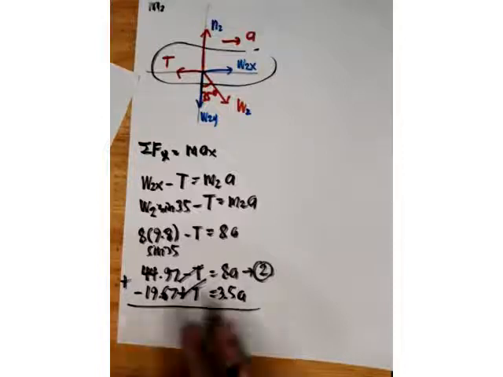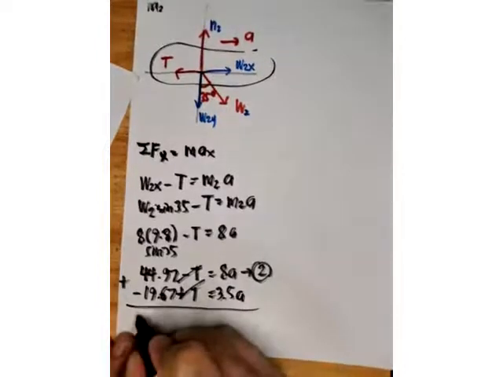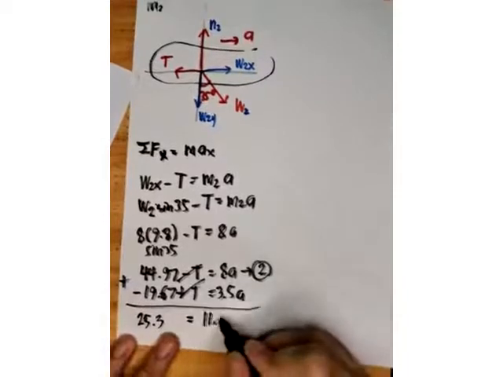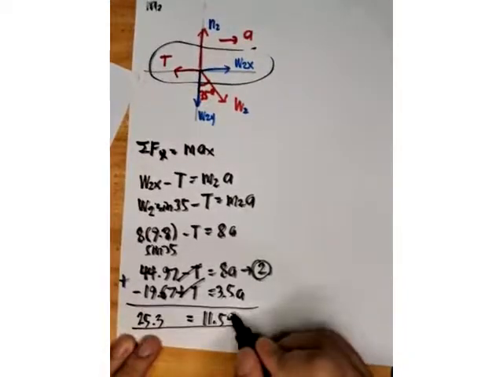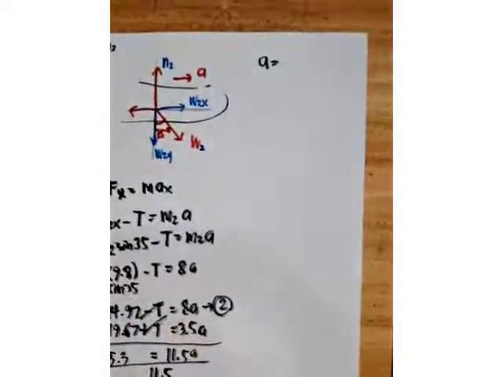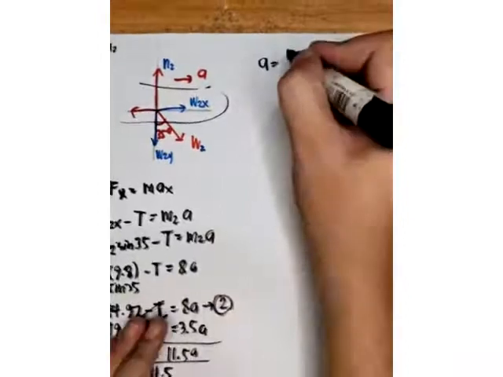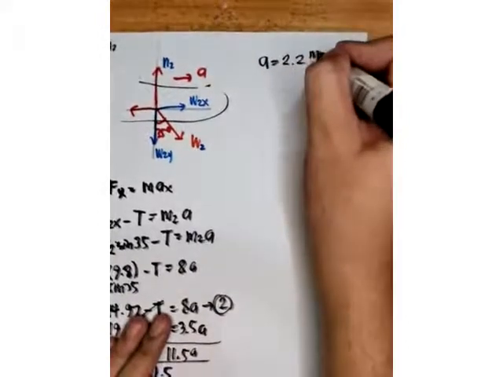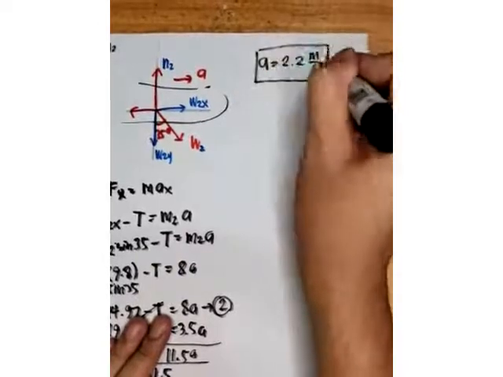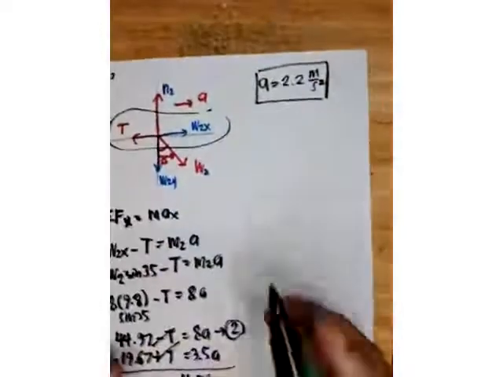So, 25.3 is equal to 11.5A. So, divide this by 11.5. So, the acceleration is equal to 2.2 meters per second squared. Ayan. So that's the acceleration.